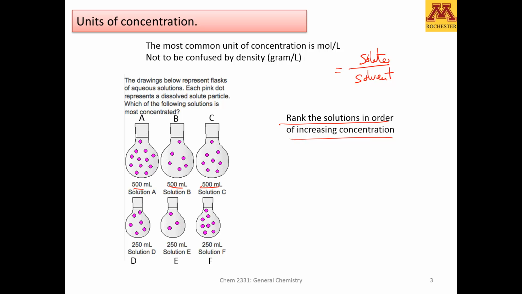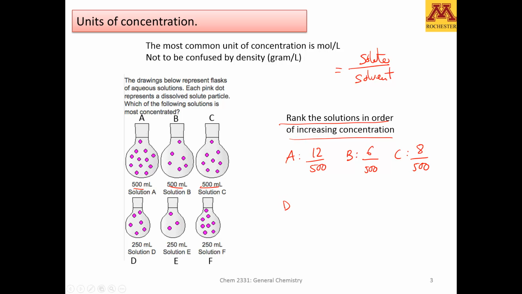Okay, so for A, if we count, how many dots do we have? This is 3, 6, 9, and 12 over 500 milliliters. For B, you have 6 dots over 500 milliliters. C, you have 3 and 3 and 2. This is 8 dots over 500 milliliters.